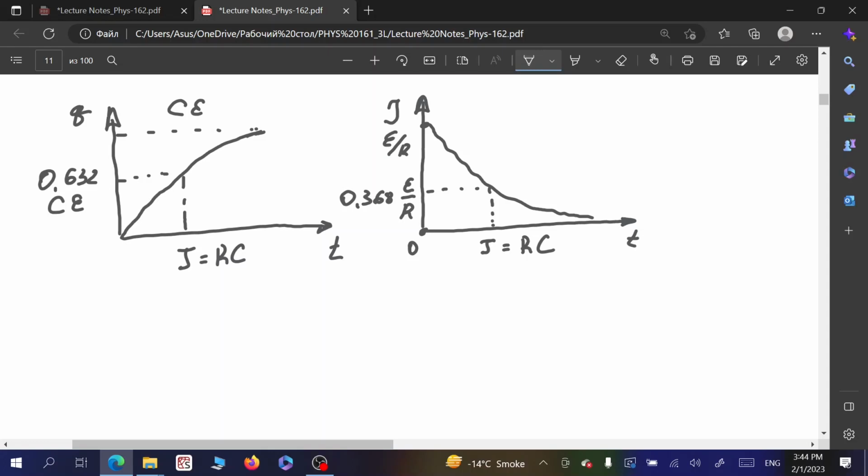It rapidly changes, but the direction of this current always remains the same. So it flows in one direction. So that's why, regardless of the fact that current is a strong function of time, we still describe it as a DC current. So let us summarize our discussion for today.